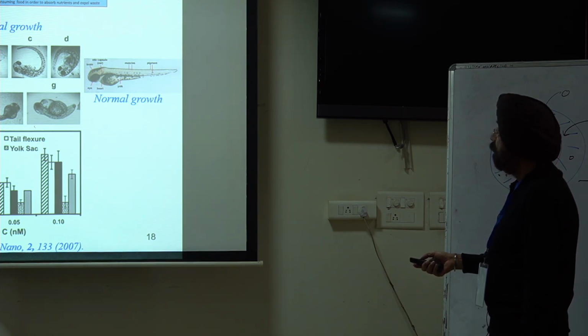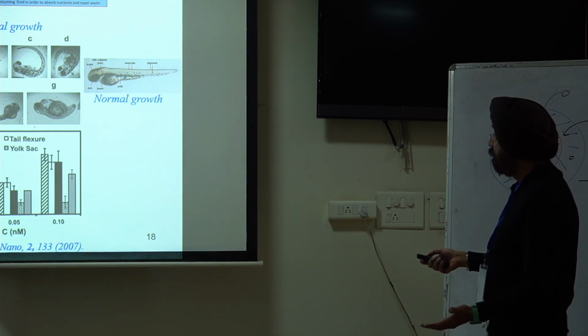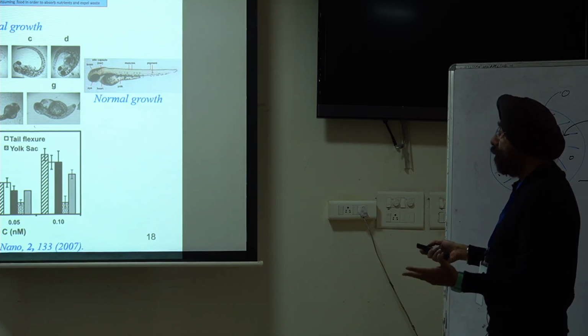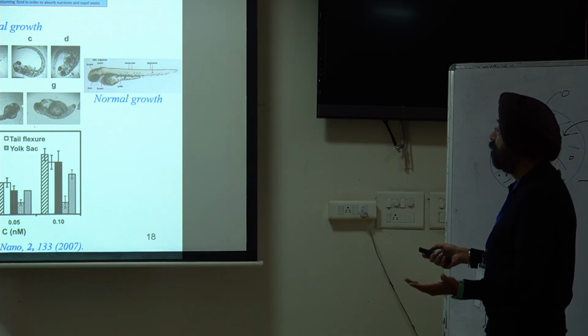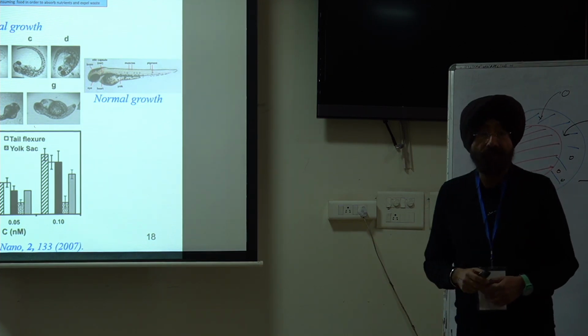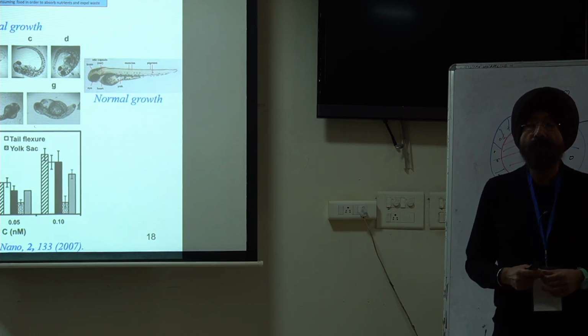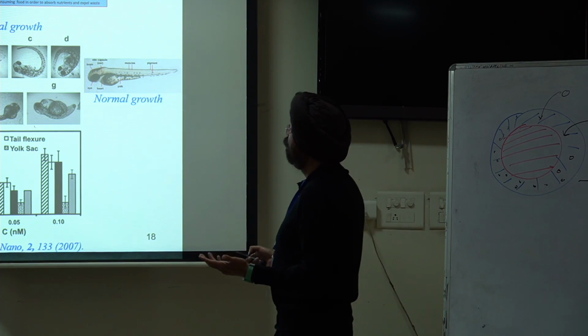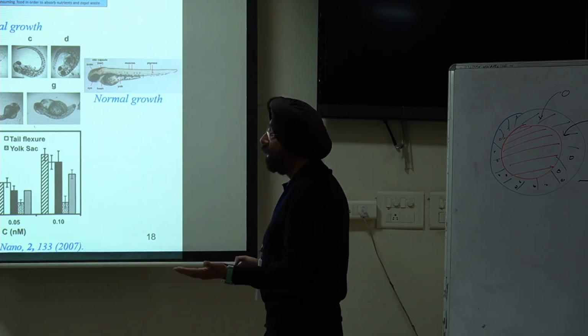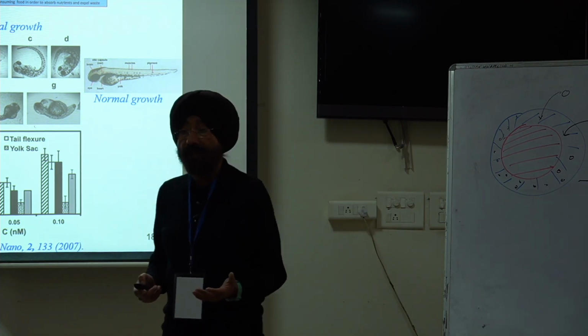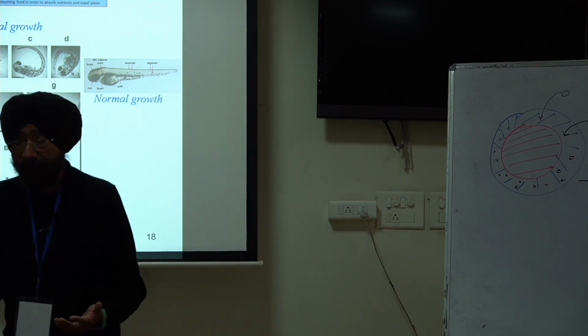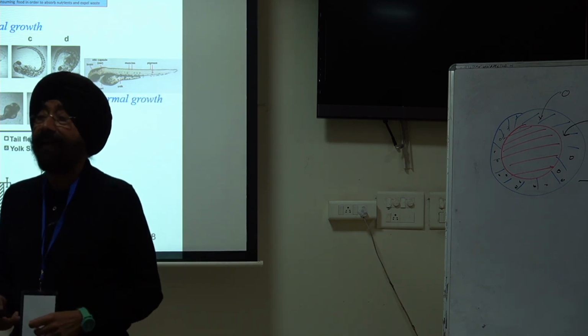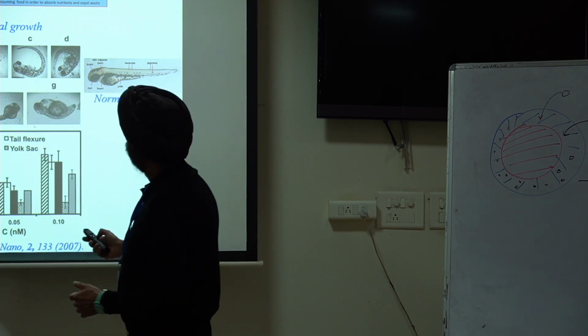The cardiac region, yolk sac, and eye, all kinds of organs are showing deformation with respect to the exposure of the nanoparticle. So therefore, any kind of nanotoxicity that exists in the fresh water is eventually affecting the aquatic life.